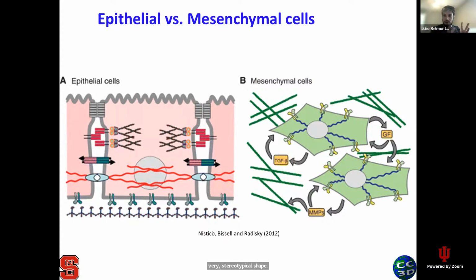They're usually cuboidal, but can also have different shapes, but their shape is very well determined. Once the cell is part of an epithelium and has a particular shape, it usually stays like that, and the cells usually don't divide much.